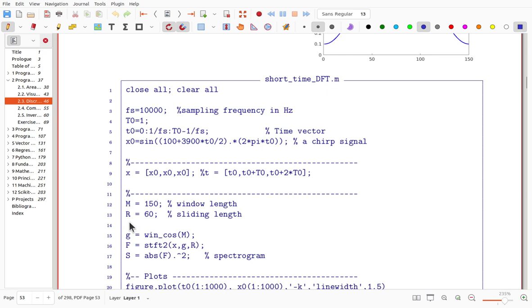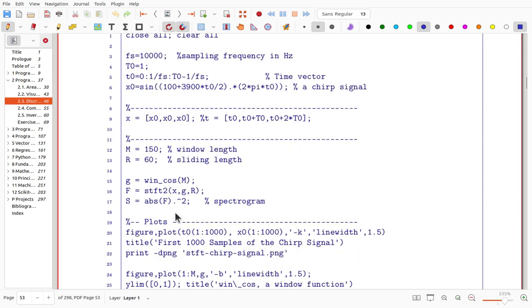Now the sliding length r is 60, and here, by using the signal, window and sliding length, we call STFT2 to get the frequency components, and the magnitude squared is the spectrogram, and below is for plotting.